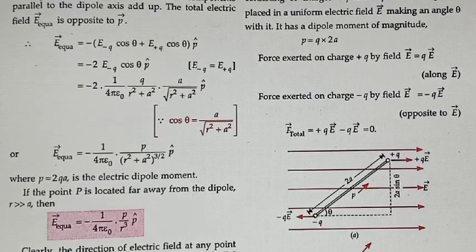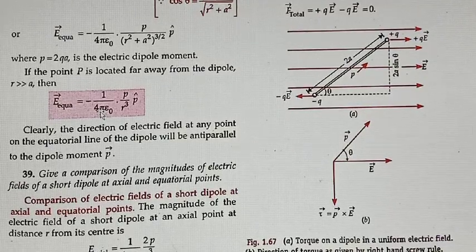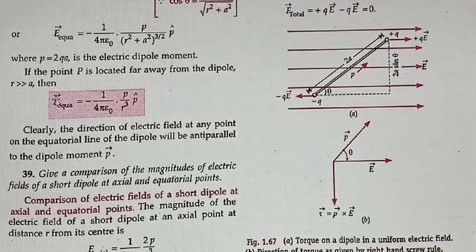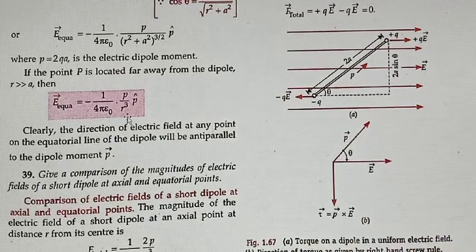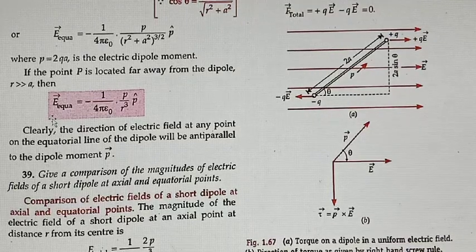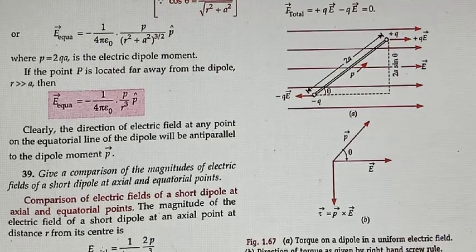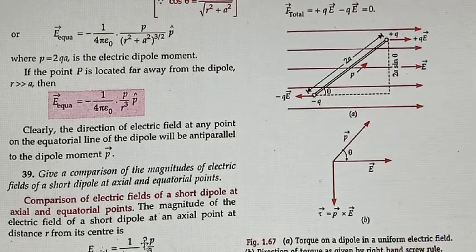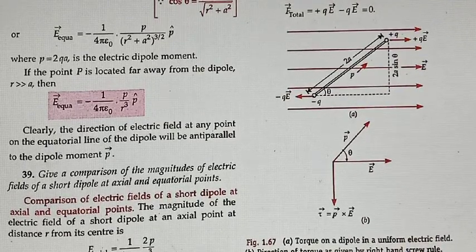So you can see here also that the electric field is inversely proportional to R cube, which is similar to the previous case. In axial point also we got electric field is inversely proportional to R cube. The only difference is, E axial is 1 by 4 pi epsilon naught twice P by R cube, and here E equatorial is 1 by 4 pi epsilon naught P by R cube.